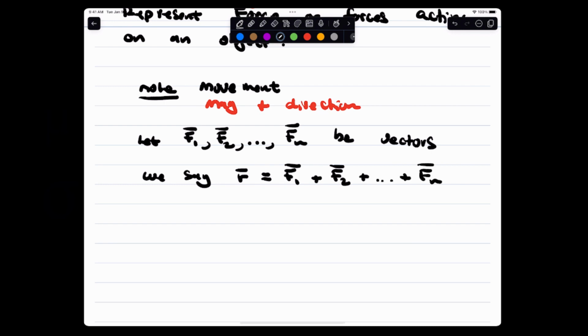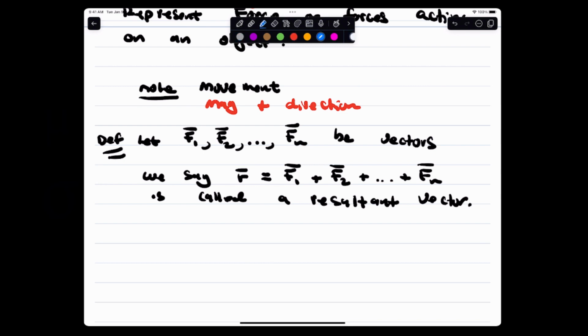What was this called yesterday? It's called a resultant vector. And then this is our definition here. This is the definition of a resultant vector.